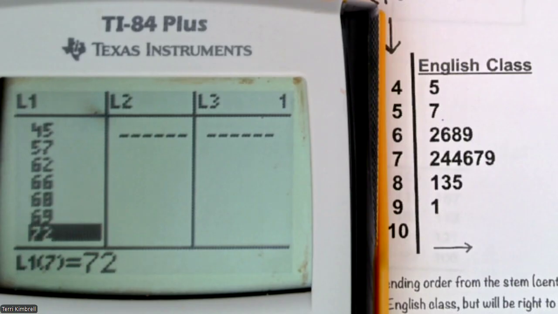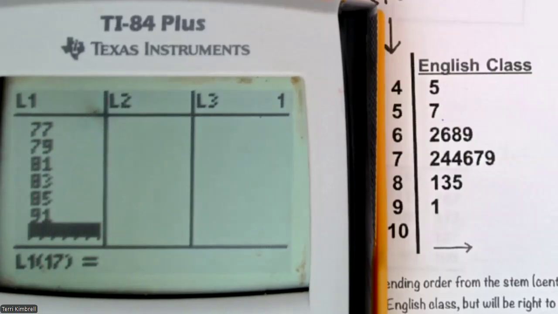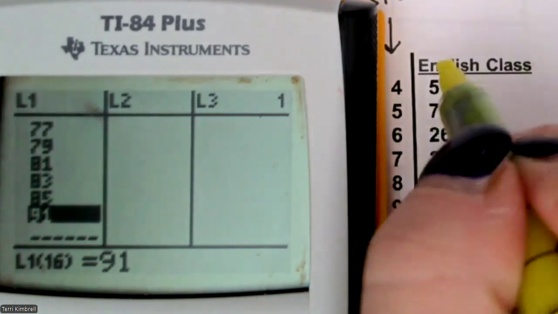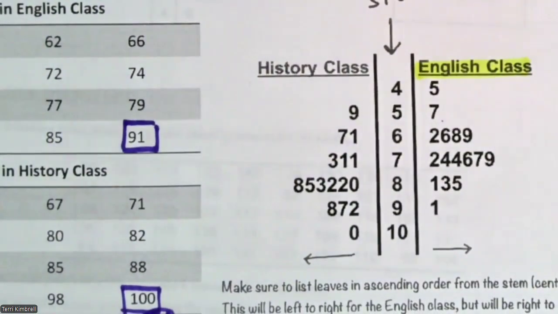And then I would continue that pattern with my 70s. I would go to the 80s and the 90s, and 91 was the highest for that. I still list this stem, but it has no leaf with it. You want to label this graph as well because it shows that you are comparing the English class to the history class.